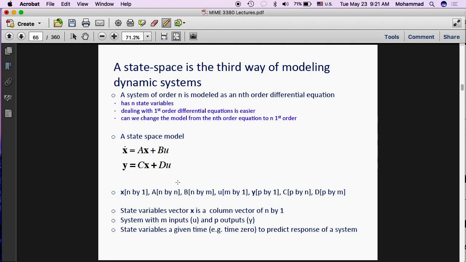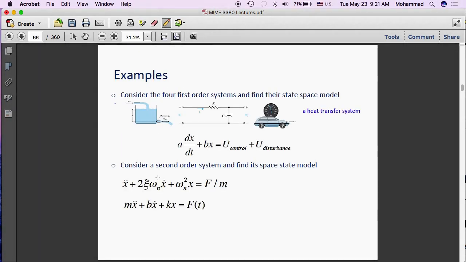And potentially, though it is very rare, if we want to keep it general, if there was a case where the output was directly a function of the input without any dynamics involved, that would be the fourth portion of this state space model. That's the essence of it. So let's start from these differential equations and turn them into state space form.